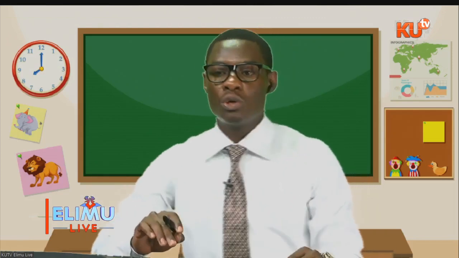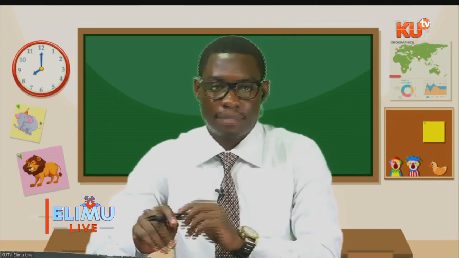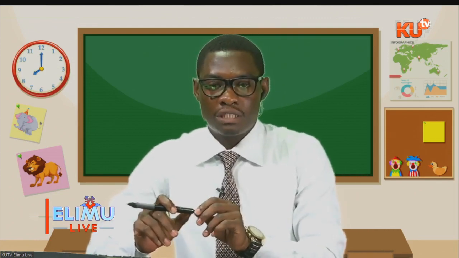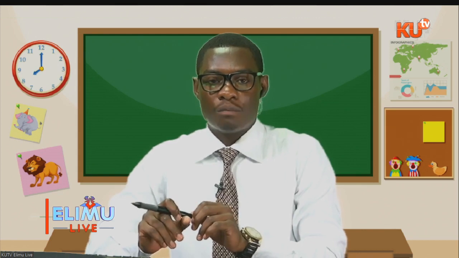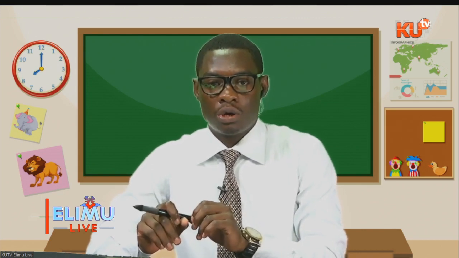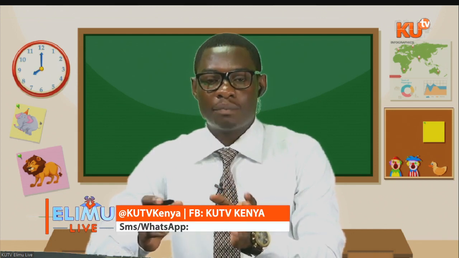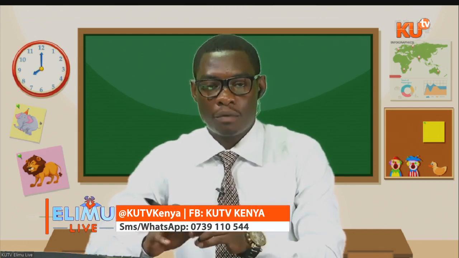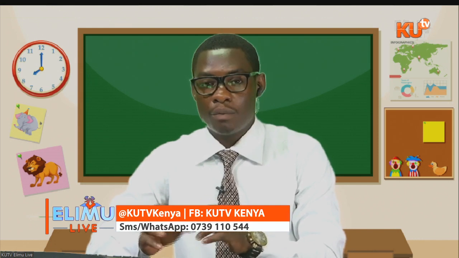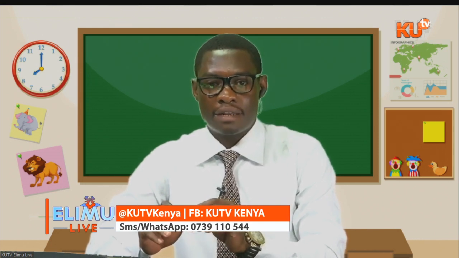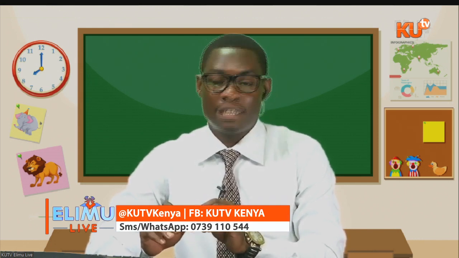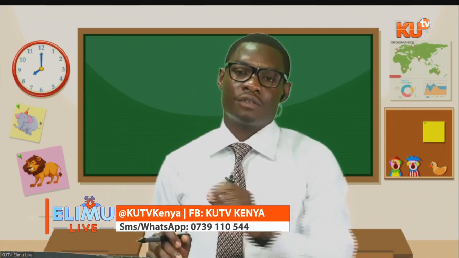So we can also look at the next weather instrument, which is a windsock. From the word sock, it has something that looks like a sock. Now, it is made up from a very strong material, which can also be polythene if it's an improvised diagram. And this material is to withstand the strength of the wind.